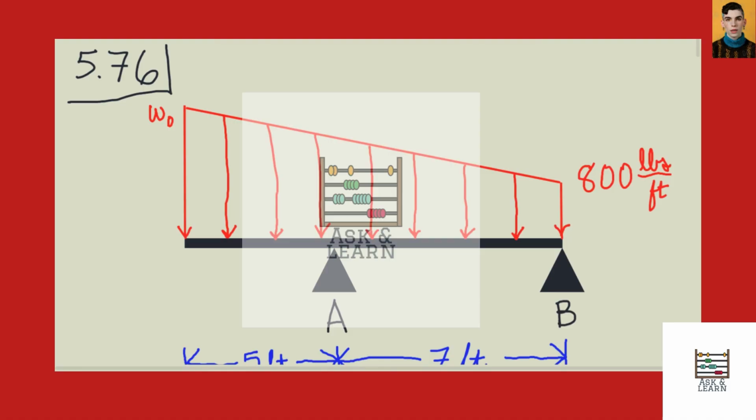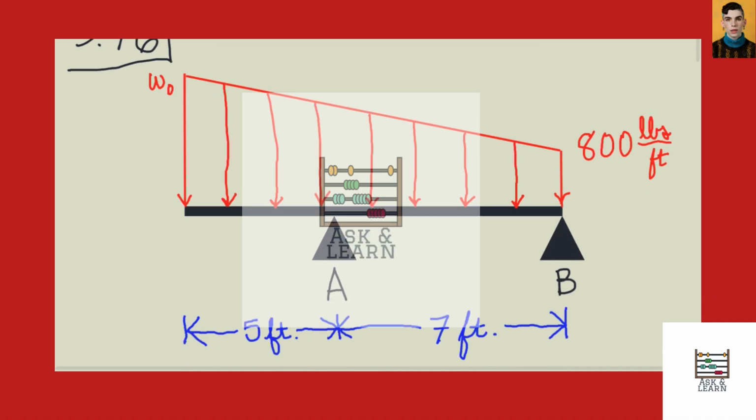In this problem, we are given a linearly decreasing load density between some unknown density force downward of W naught at one end, and at the opposite end there is a force density value of 300 pounds per foot.